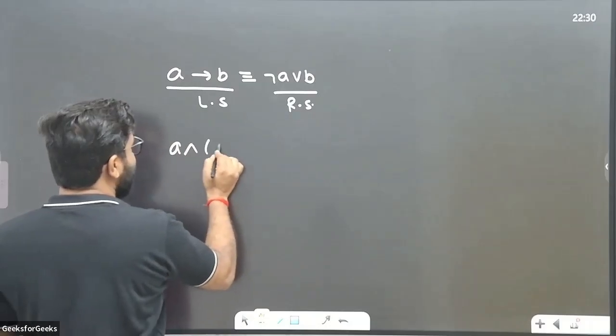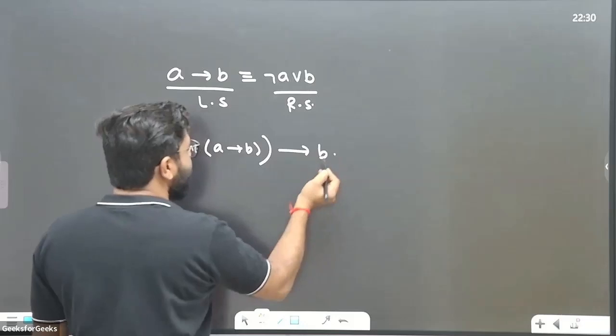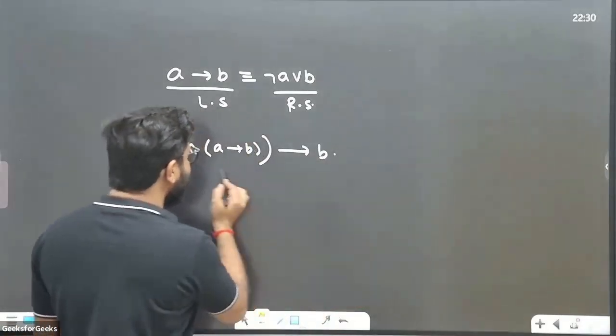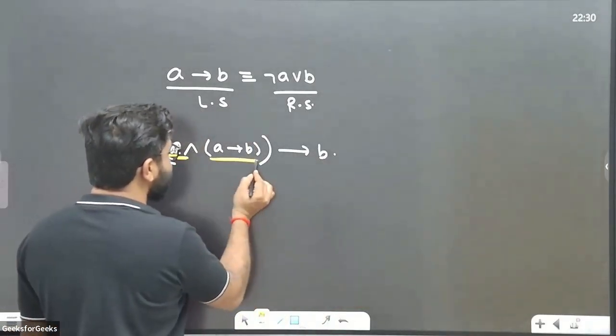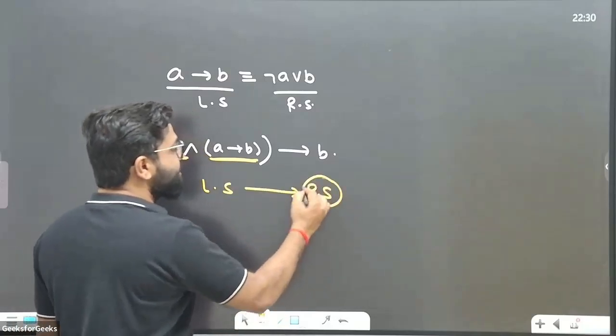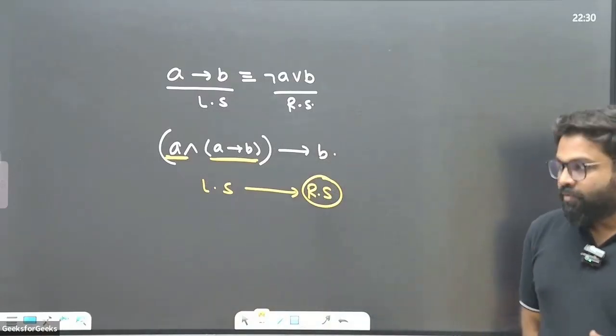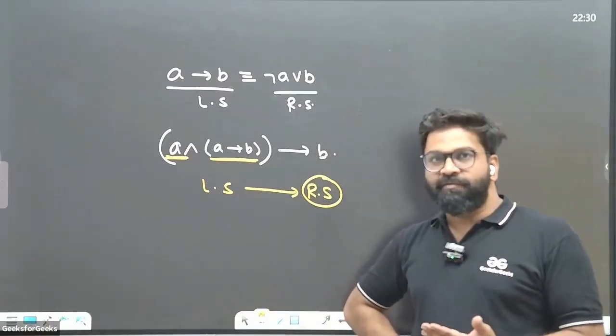Here, if I write A and A implies B, and then this whole thing implies B, what it says is that these premises, this left side, is implying something, and that something is B.